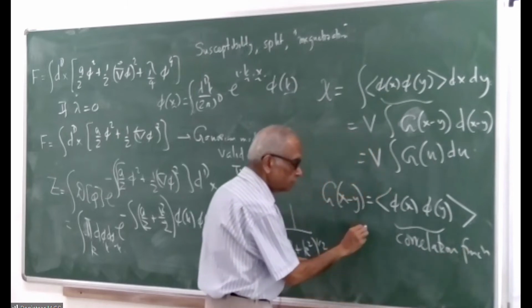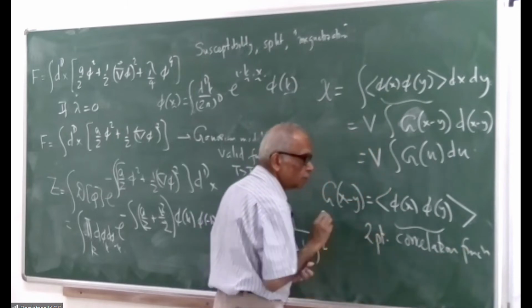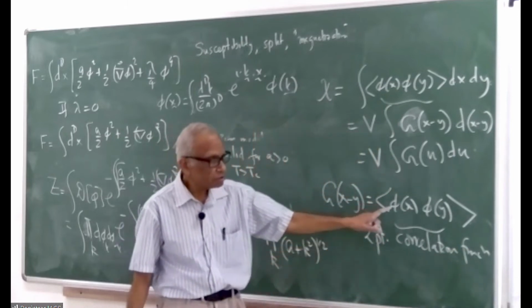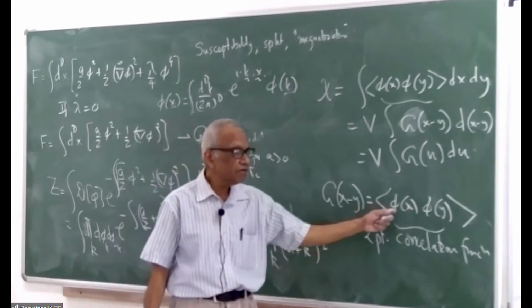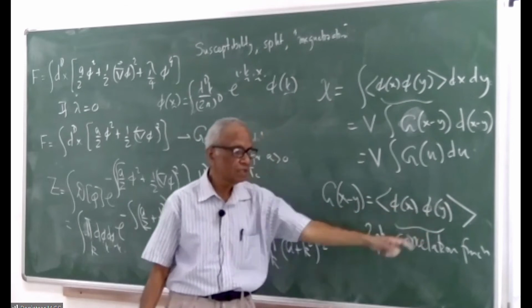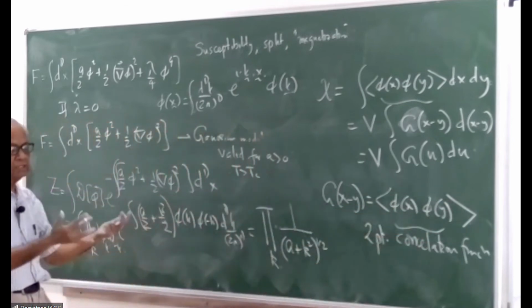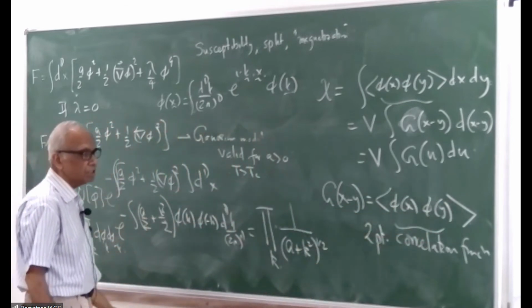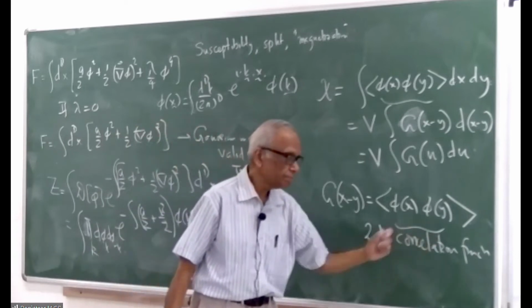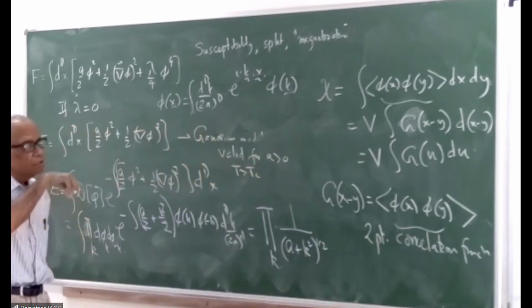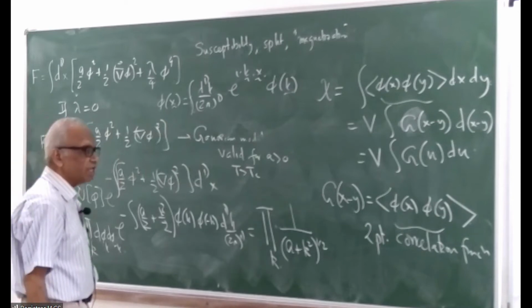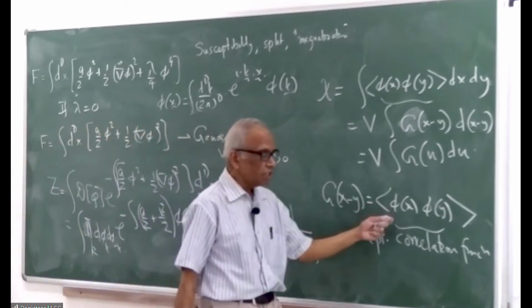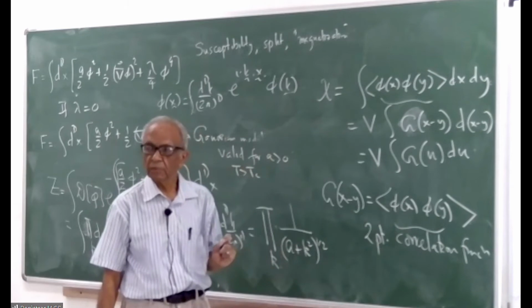To be more precise, it's a 2-point correlation function, because there are two spatial points at which I'm looking. I could have been looking at 3 points, 4 points, and so on. So I have to have a technology of calculating correlation functions, right?